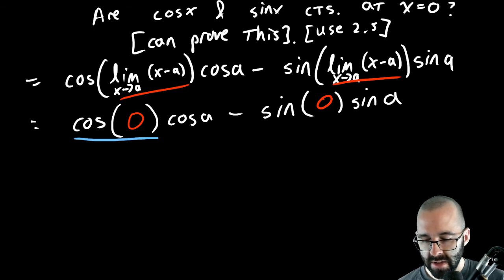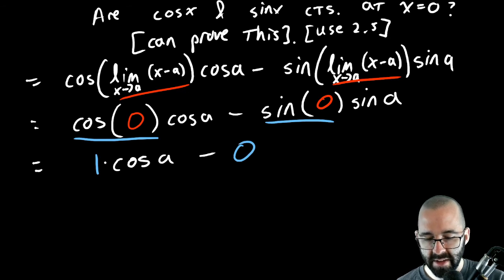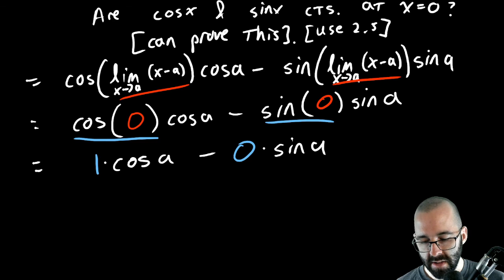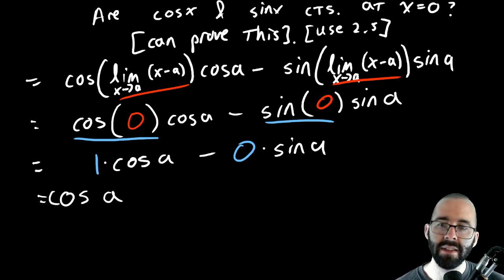Cosine of 0 equals 1. Sine of 0 is even better. It's 0. What are we left with? Just cosine of a.